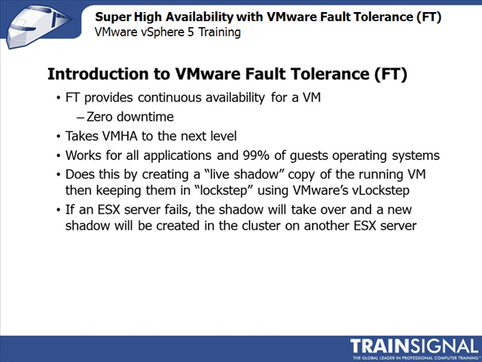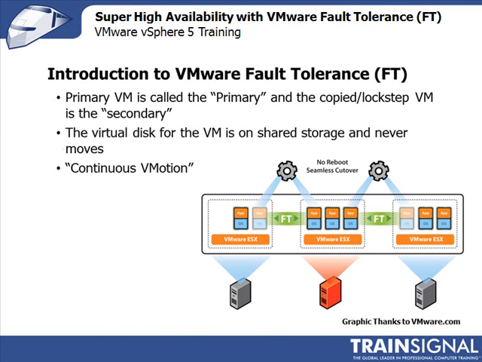It never changes because it's on shared storage that both ESXi servers have access to. With VMware Fault Tolerance, the primary virtual machine is called, you guessed it, the primary, and the copied or lockstep virtual machine is called the secondary. So again, the virtual machines stay in the same place on the same shared storage and never move.